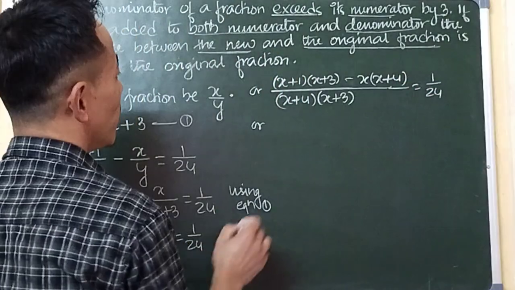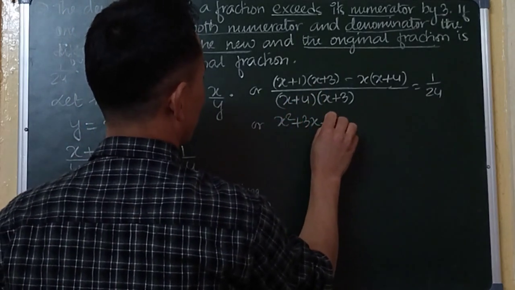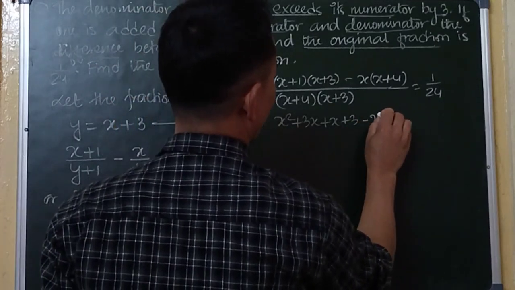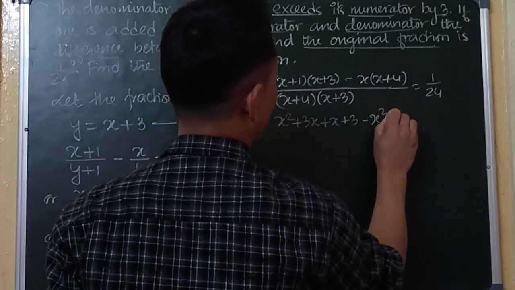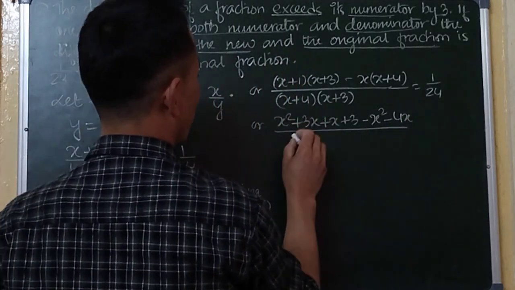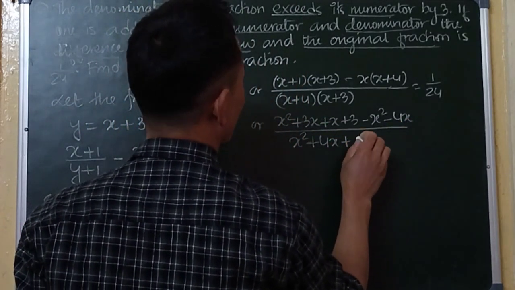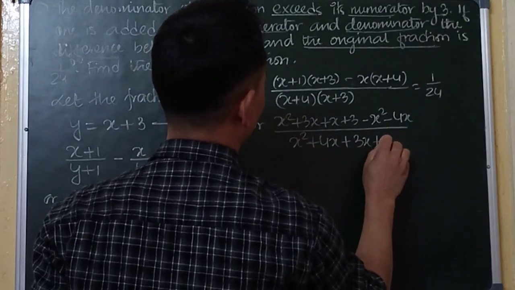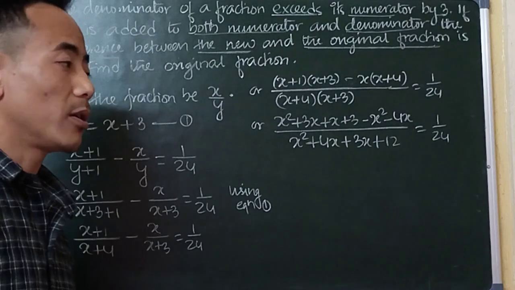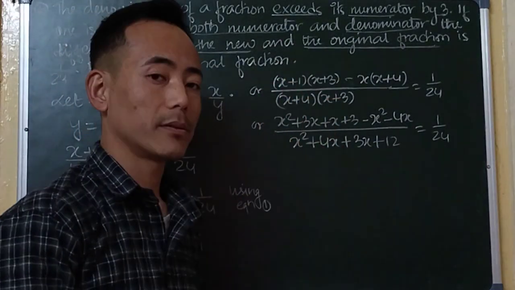Then you have to multiply. This will become x squared plus 3x plus x plus 3, minus x squared, minus into plus becomes minus, so we get minus 4x, divided by x squared plus 4x plus 3x plus 12, is equal to 1 divided by 24. We are not doing much, we are simply multiplying and opening the brackets.